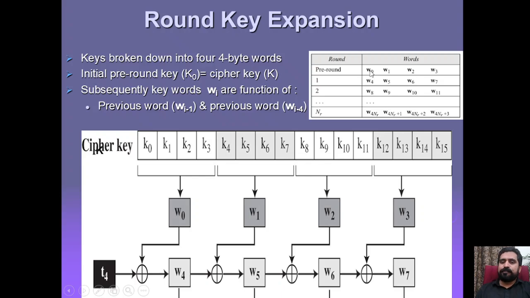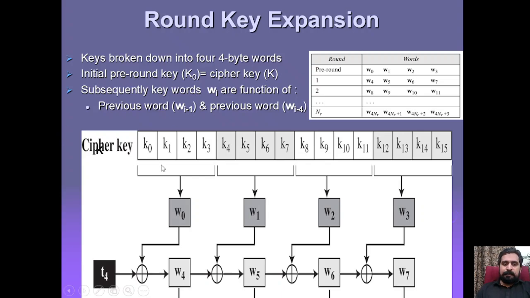The first one is the pre-round, where we use 4 words, and the rest are 10 rounds in the 128-bit variant. That means 10 into 4 is 40, and with 4 words used in the pre-round, a total of 44 words are used in the 128-bit variant of the Advanced Encryption Standard.